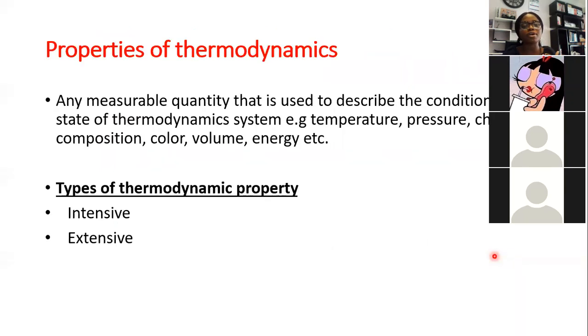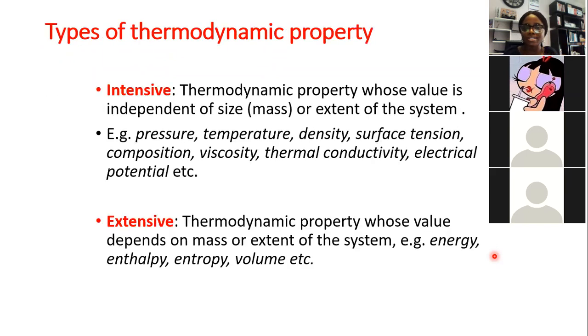Another thing we talk about is intensive and extensive property. Any measurable quantity that is used to describe the condition or state of a thermodynamic system is a property of that thermodynamic system. Now we have two types of property, intensive or extensive.